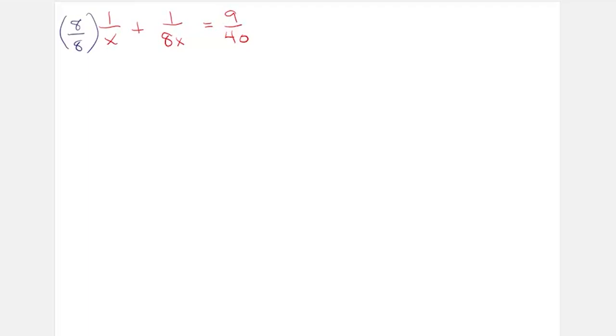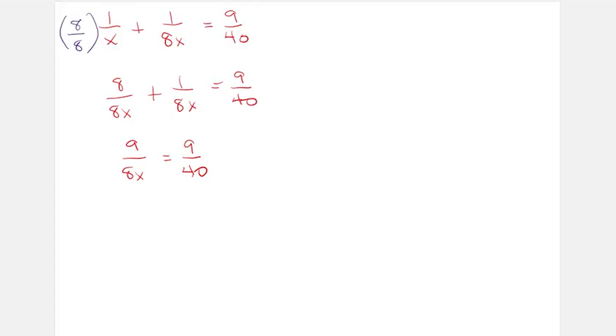So I get 8 over 8x plus 1 over 8x equals 9 over 40, so I get 9 over 8x equals 9 over 40. But let's say now I have to solve for x and it's not as simple as this one is.